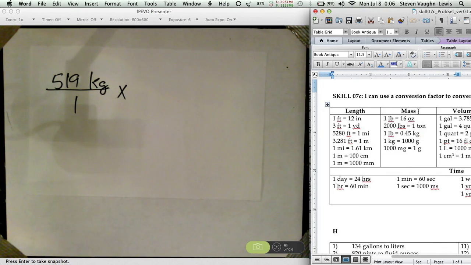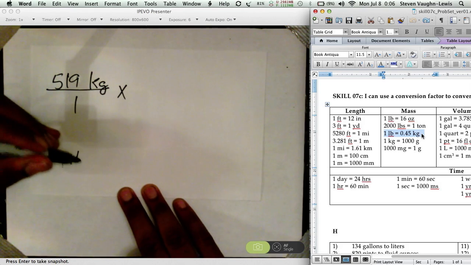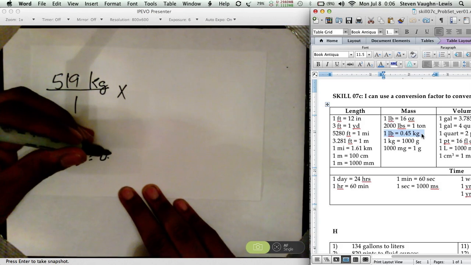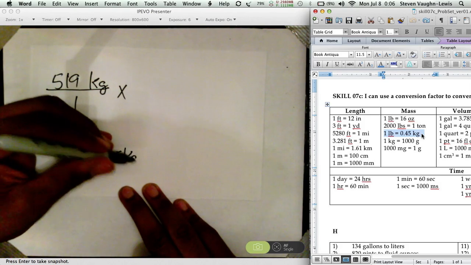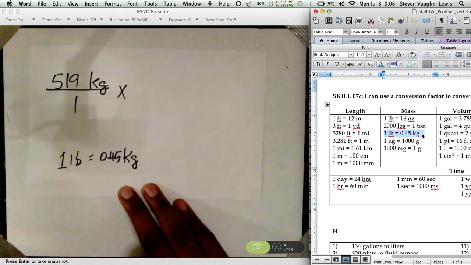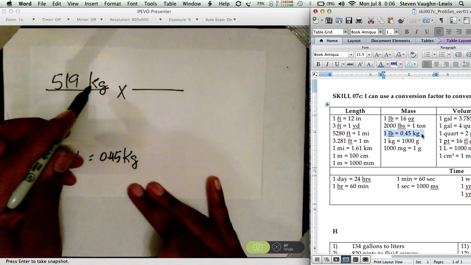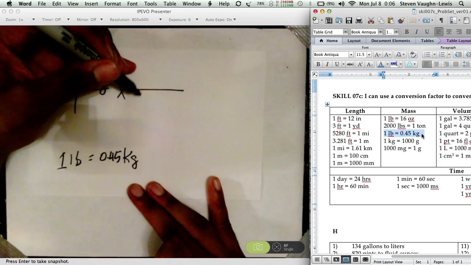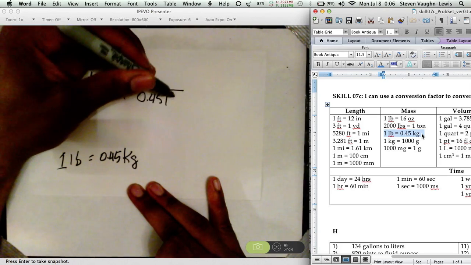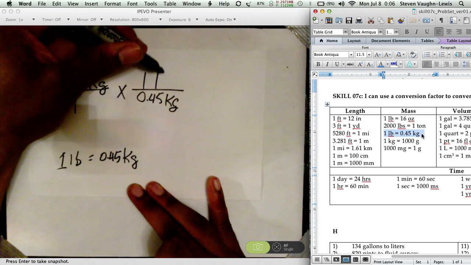Kilograms and pounds is dealing with mass. So I need something with kilograms and pounds. Here we go. 1 pound equals 0.45 kilograms. So I need to let kilograms cancel out. I'm going to put the kilograms on the bottom, 0.45 kgs, 1 pound up top.